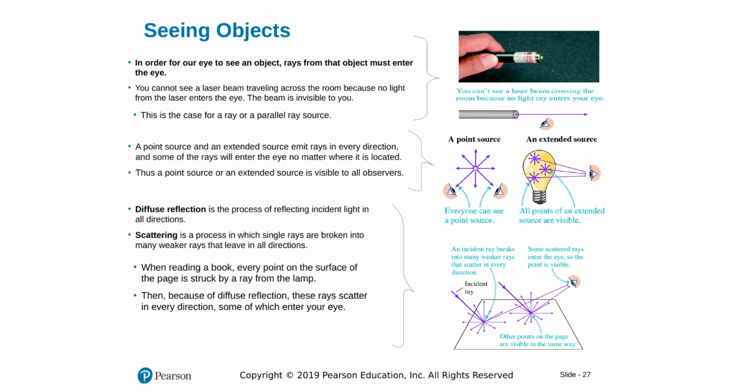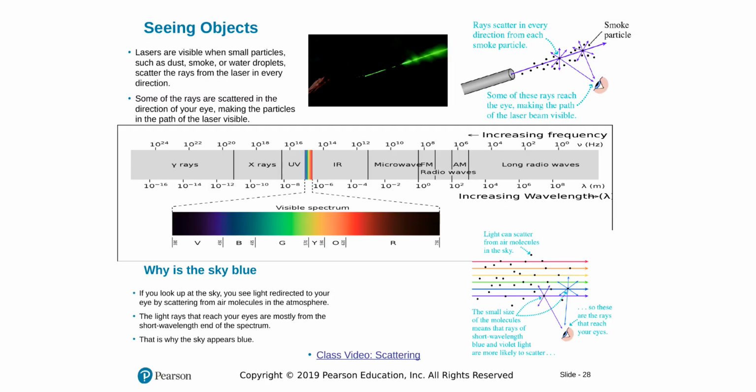Again, light rays come in, reflect in many directions, and some of them come to our eyes, and we see those objects. The color we see is the color reflected. Each object reflects a certain color or mixture of colors. That's how we see different colors. This is the full spectrum of light here, and this part is the only part we can see.